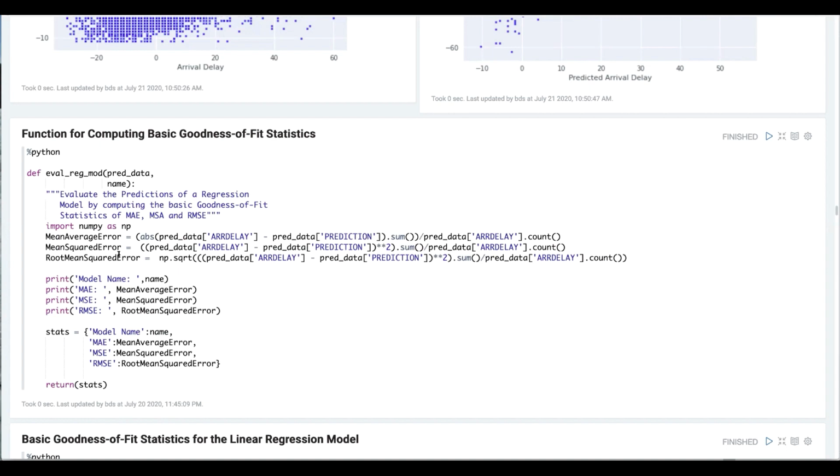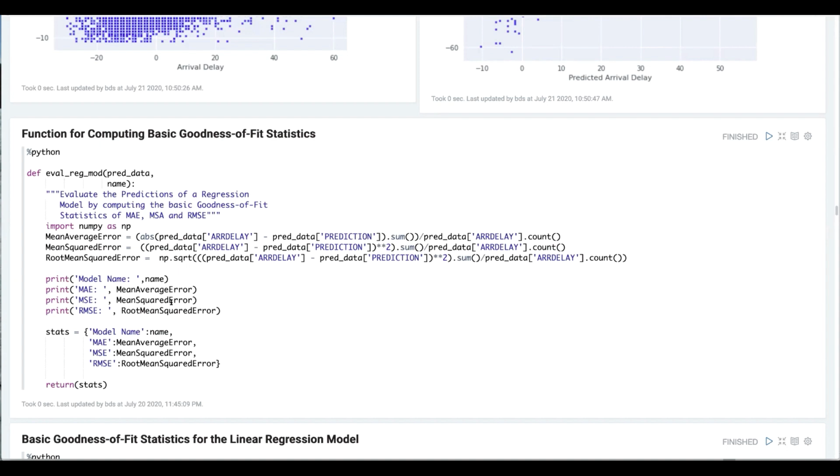You have the mean squared error, which is the arrival delay minus the prediction, squared. Sum those squares and then divide by the count. And finally, the same entire thing with a square root on top. I take the square root of the entire process. That's my root mean squared error.